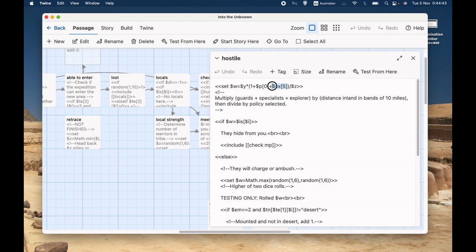But, anyway, rules as written, that's how it works. Obviously, you would multiply by the number of people. Well, yeah, that makes sense. The more people there are in the group, the more intimidating that group is. And the reason you divide by Z is that the Z is the policy that you chose, and the higher numbers represent a more friendly approach.